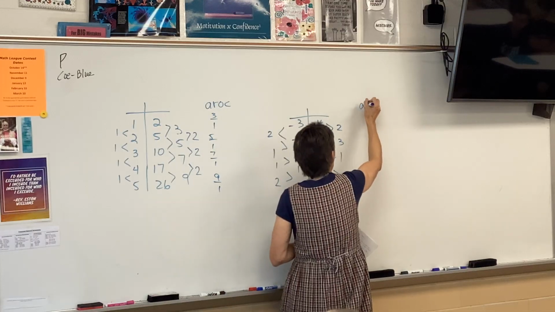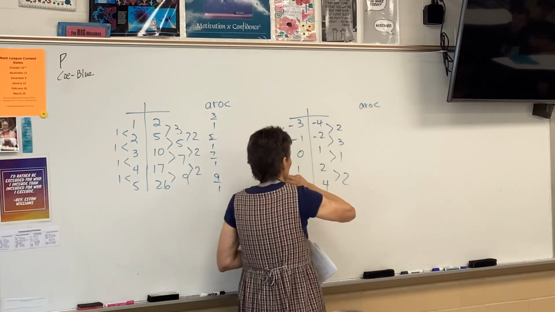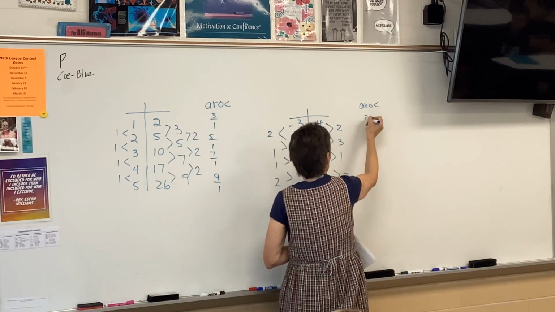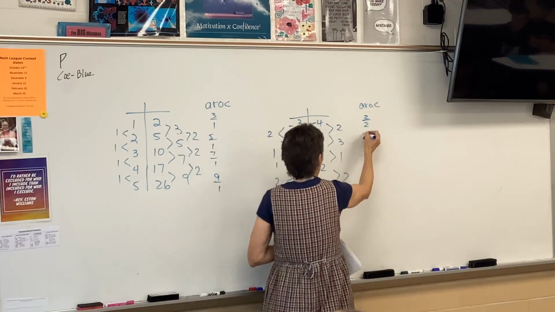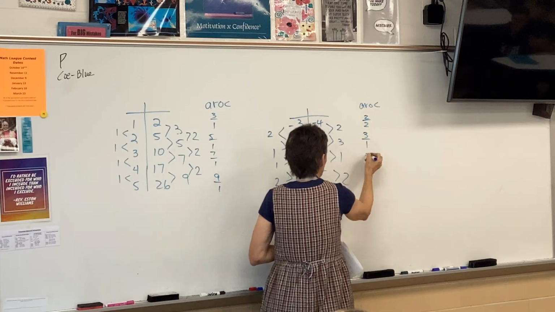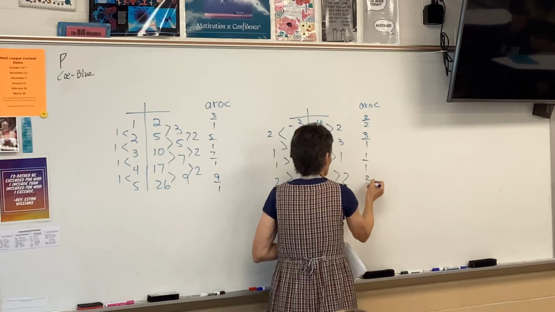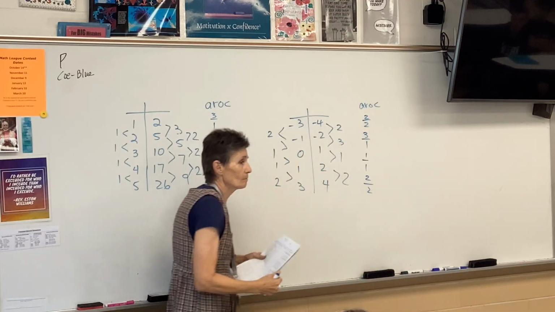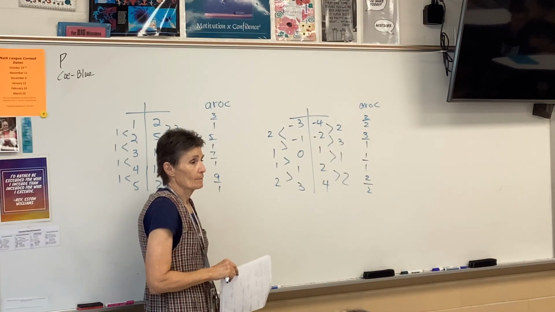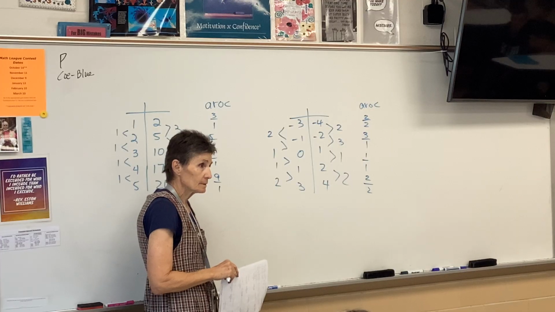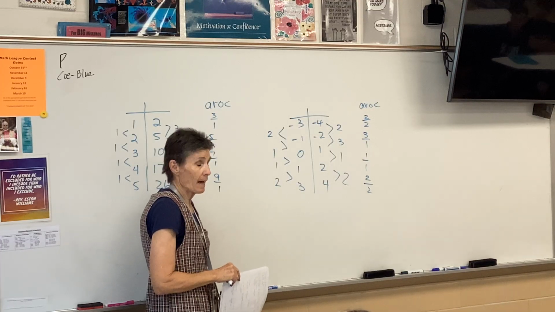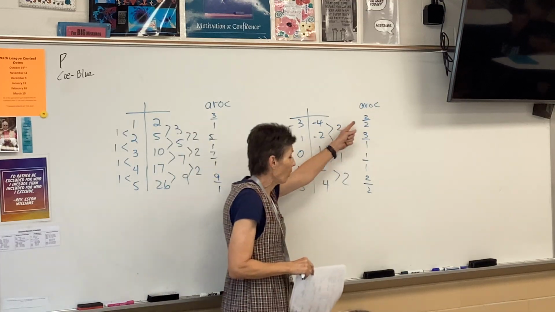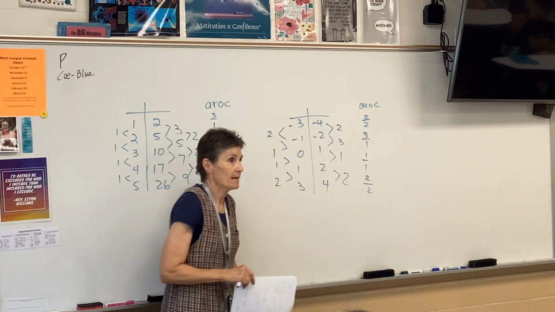So what is my average rate of change? What are my average rates of change? 2 over 2, 3 over 1, 1 over 1, and 2 over 2. All right? Is it linear? Absolutely not, because these would all have to be the same.